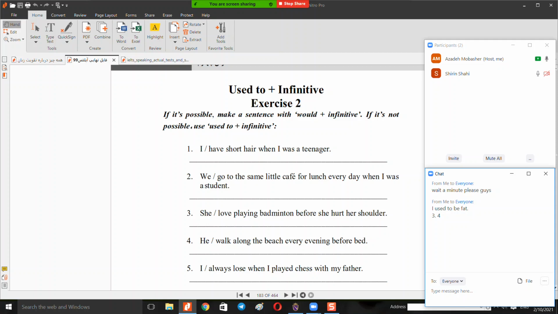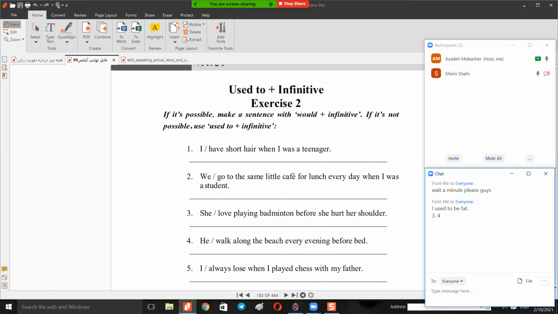When you talk about owning something, like having short hair or long hair, it's not an action. It's ownership of something that used to be true at some time in the past. That is application number 4. And with application number 4 of simple past, we don't use would. We only use used to.